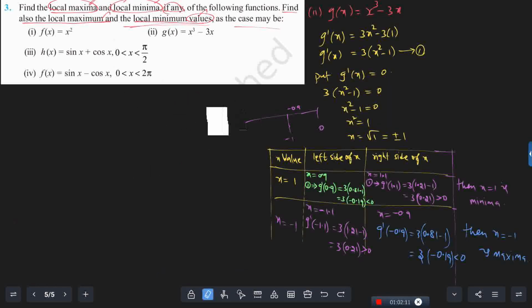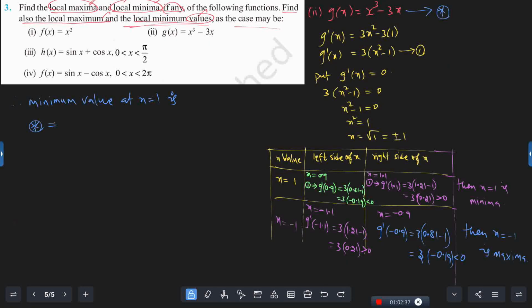Therefore, the minimum value at x equal to 1: g of 1 equals 1 cube minus 3 into 1, which is 1 minus 3, equal to minus 2. This is the minimum value.